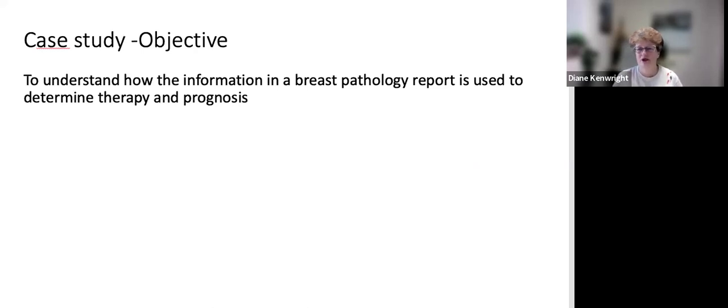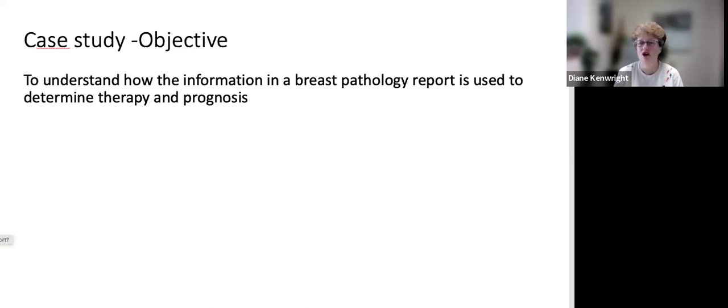So now we've covered all the bases of knowledge, including your ELM work. So what we want to do now is understand how the information in the breast pathology report, which you will get to read, is going to determine therapy and prognosis. I write breast pathology reports every day.